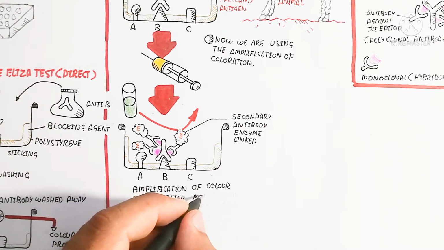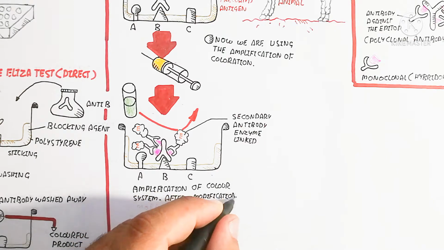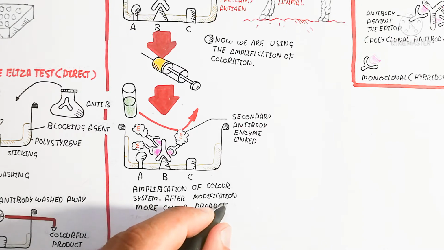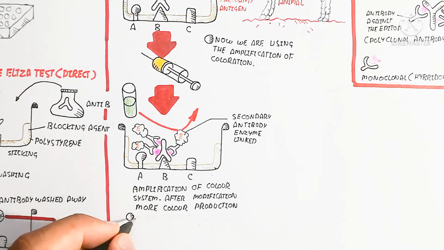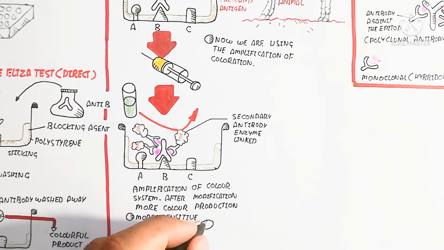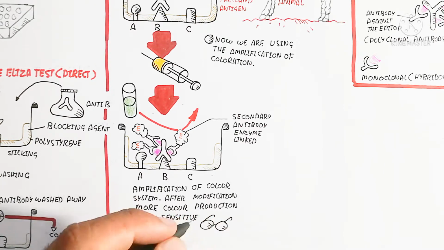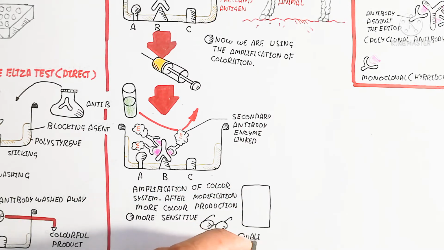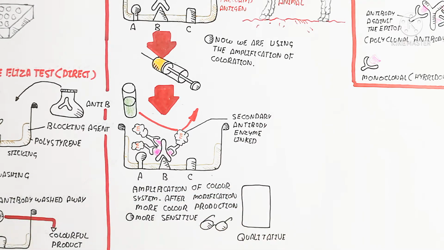After modification, the amplified color system produces more color, is more sensitive, and has more specificity. The test is qualitative, and we can watch it with the spectrophotometer. The spectrophotometer is used for the measurement of the color, and the substrate is used for it.